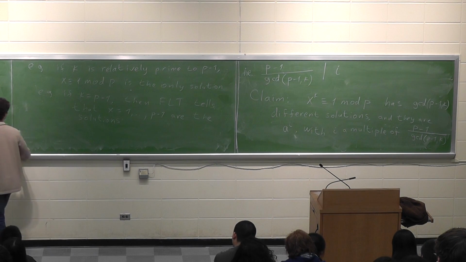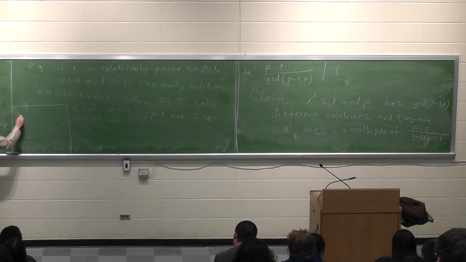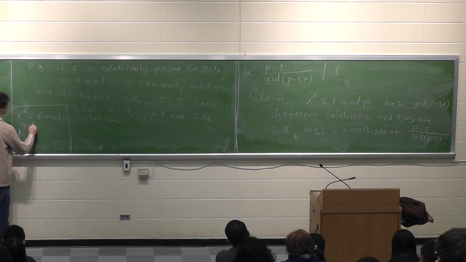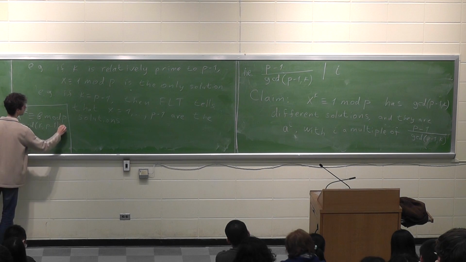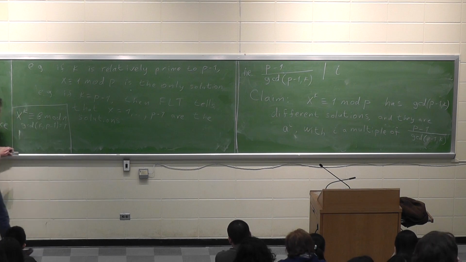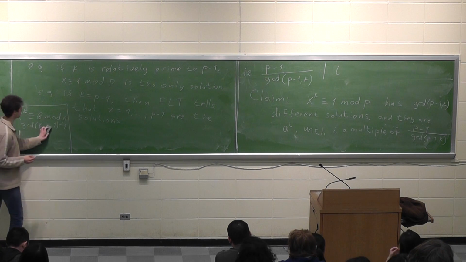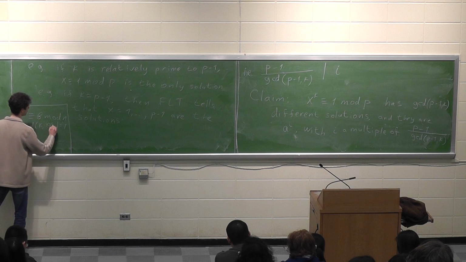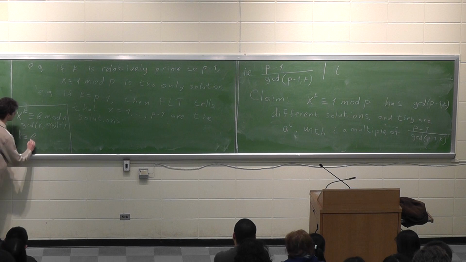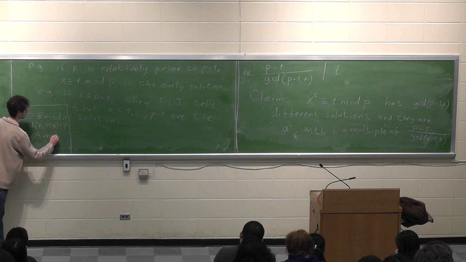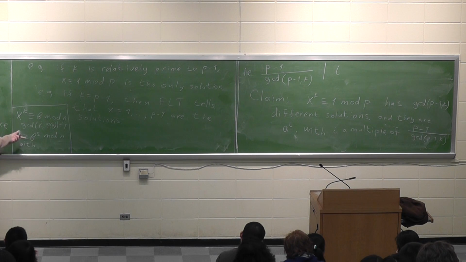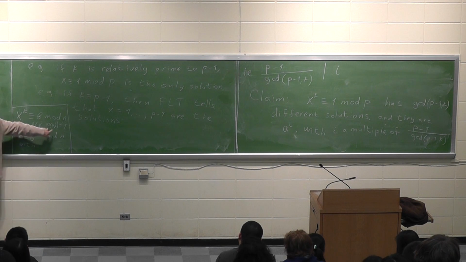If you take x to the power k congruent to b modulo p, and GCD of k and p minus 1 is 1, in fact we have an even more general situation. If you want to solve such a congruence and the GCD of k and phi of n is equal to 1, then you know that x can be just written as b to some power s modulo n, where s is just 1 over k considered modulo phi of n.